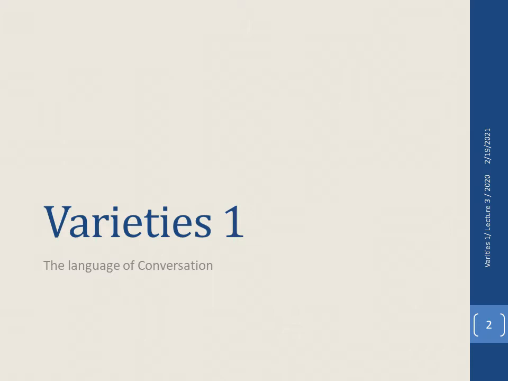We don't have paragraphs, we don't have titles or subtitles, we don't use punctuation, and we also don't use graphological devices such as underlining or italics or bold typing. All these tools are not used in spoken language, they are rather used in written language.